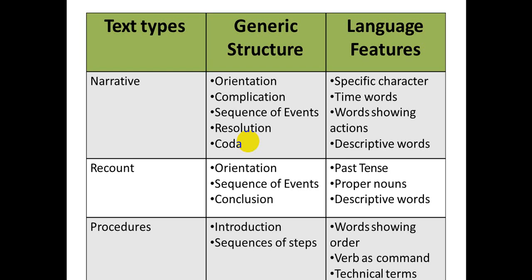So let's look at the language features of the narrative text type. It has specific characters. For example, in stories, there are main characters, or primary and secondary characters. Then time words, which show that the event happened in the past or will happen in the future, so we usually pay attention to the time words.